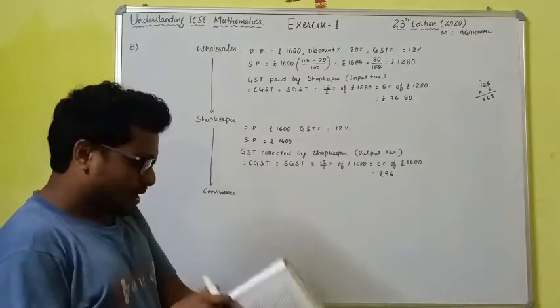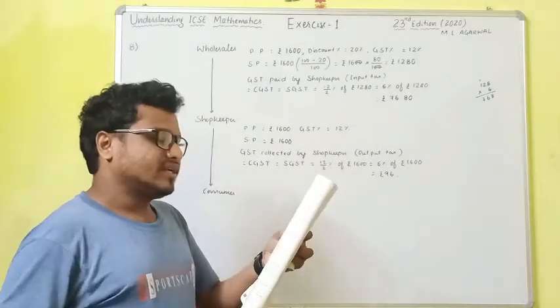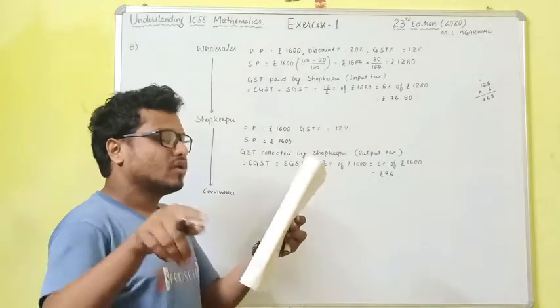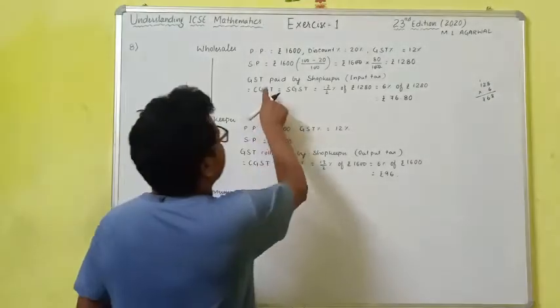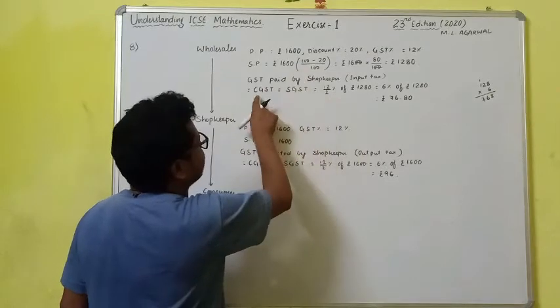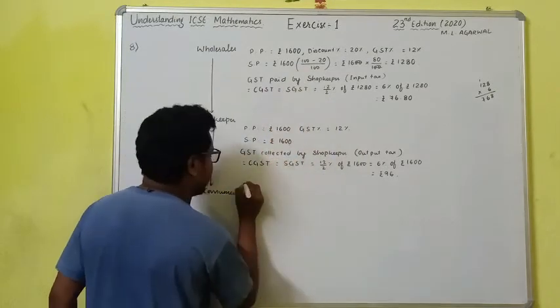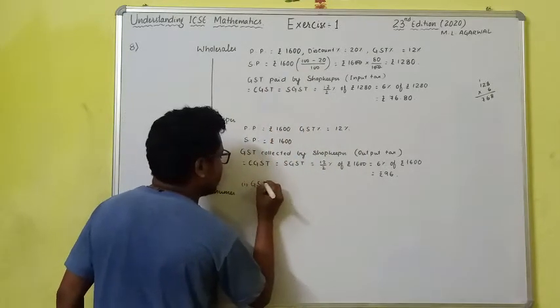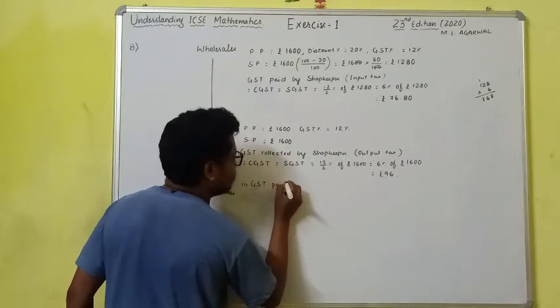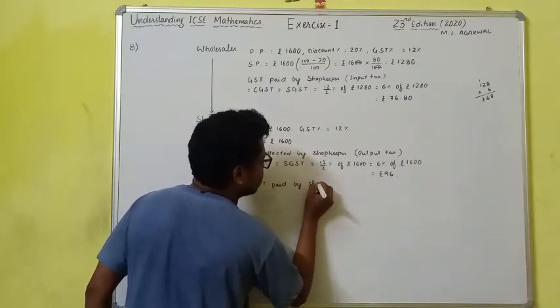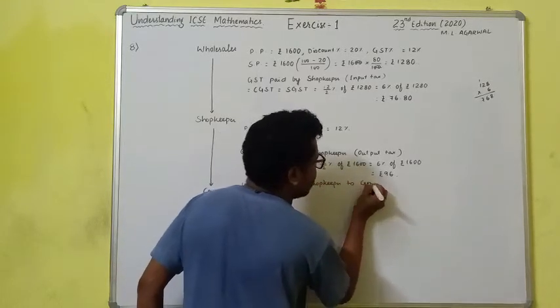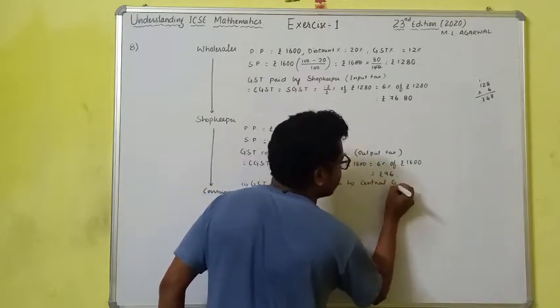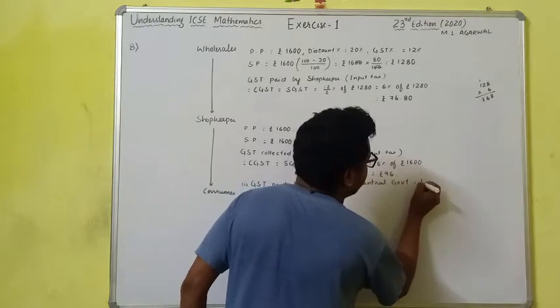Okay, then what do you have to calculate first? GST paid by the shopkeeper to the central government. See, I am writing here: GST paid by the shopkeeper to the central government is equal to rupees.